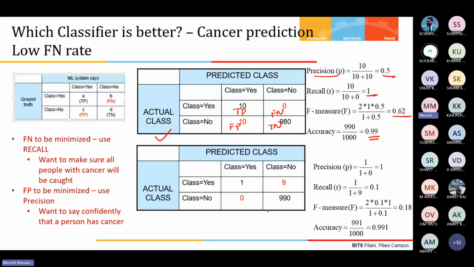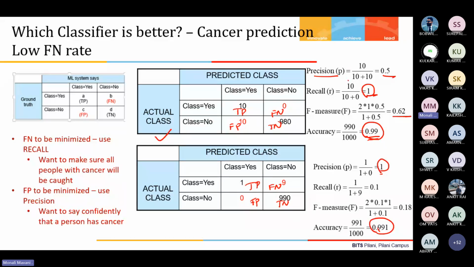And then we have the second model: true positive, false negative, false positive, and true negative. Now you don't know the domain, but just by looking at these numbers, in both models our accuracy is high. One model has high recall, another has high precision.